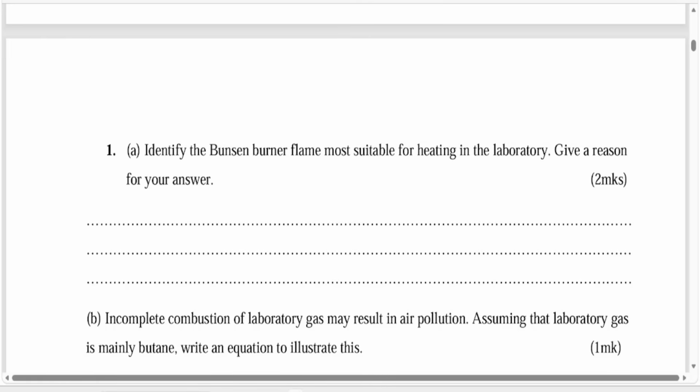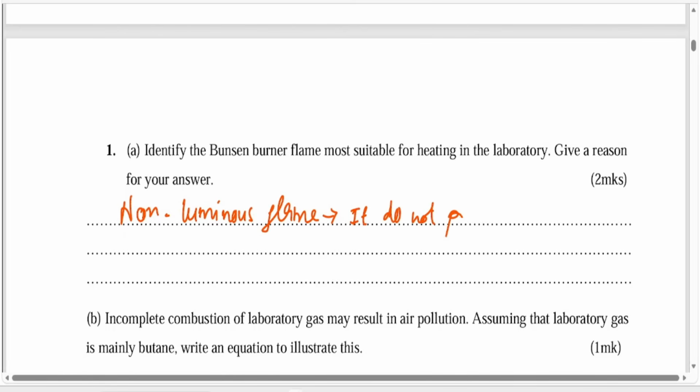So the correct answer is non-luminous flame. Reason: it does not produce soot, and we can also say it is very hot.